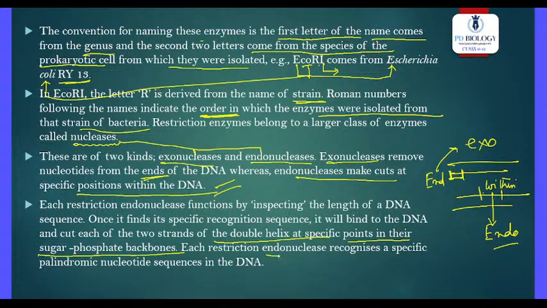Each restriction endonuclease recognizes a specific palindromic nucleotide sequence in DNA. Can anybody give an example of a palindromic sequence? We discussed this topic many times. What are palindromes and what is a palindromic sequence? Can anybody tell me?